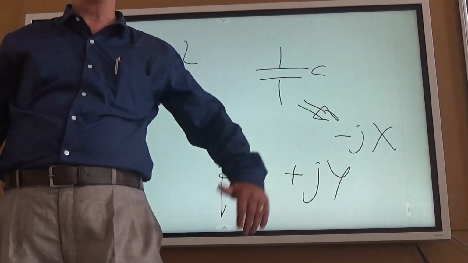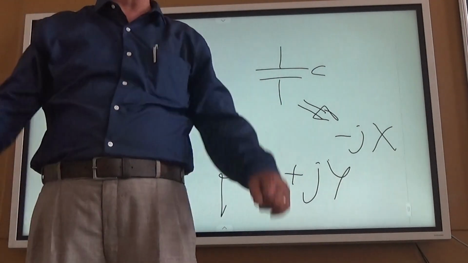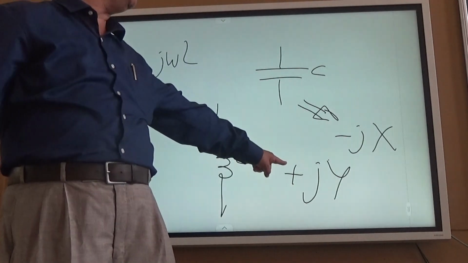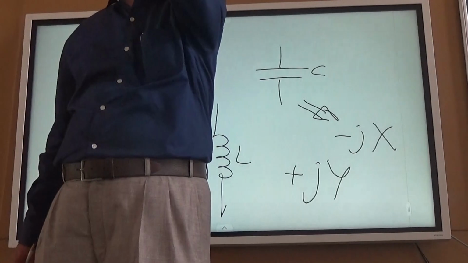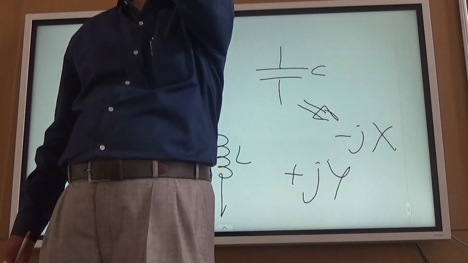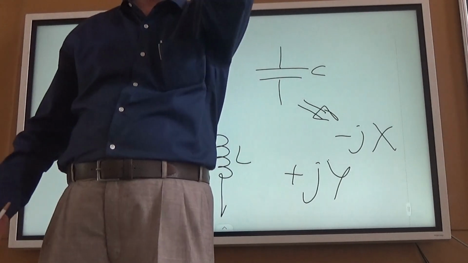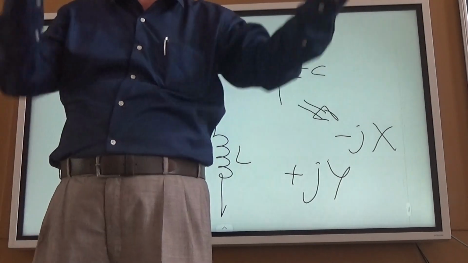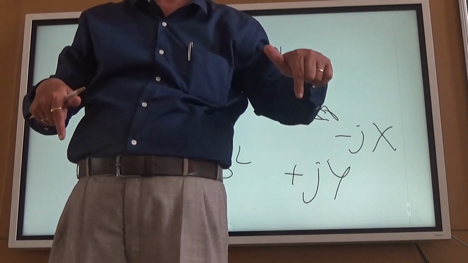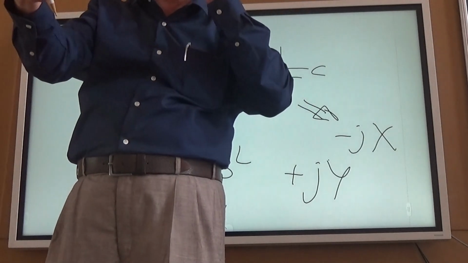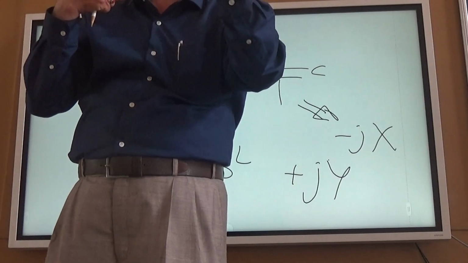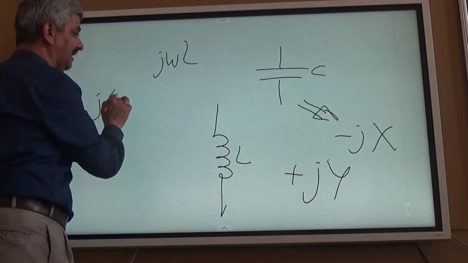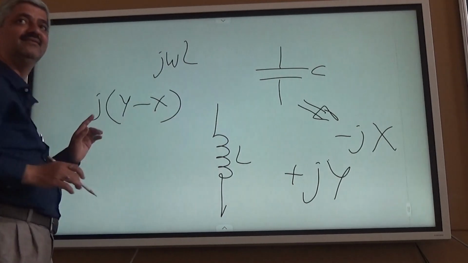If I add inductor and capacitor in series, what would be their impedance? J into bracket y minus x. What is y? Depending upon omega and L. What is x? Depending upon omega and C. So if L and C are constant, then x and y will vary depending upon omega.